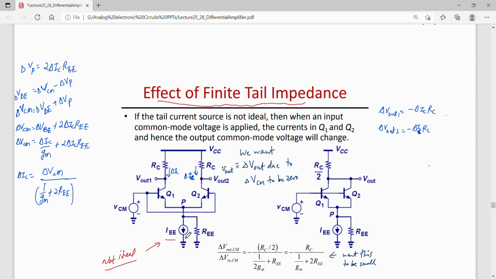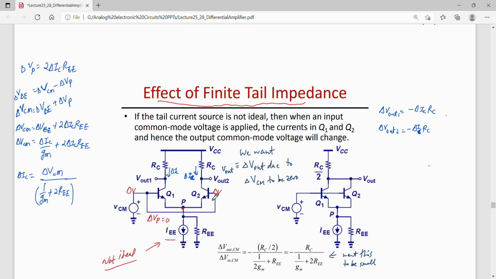And when it was ideal, then we had commented that for a small input signal change, this node P, that is the potential at this node, does not change. So we had assumed earlier that delta Vp was 0 for a small change in input. Let us say the input changes by delta V on both sides.